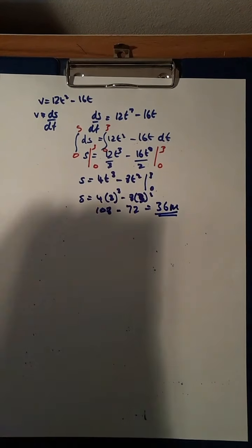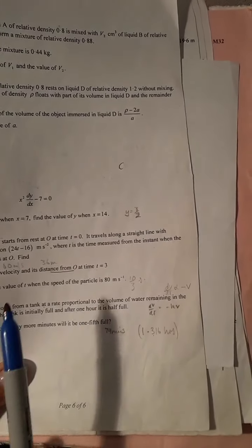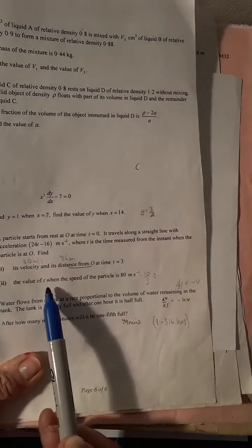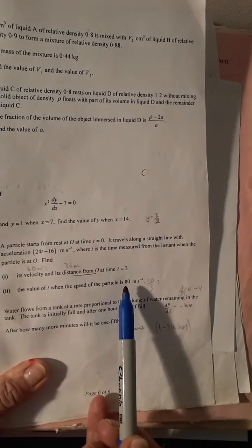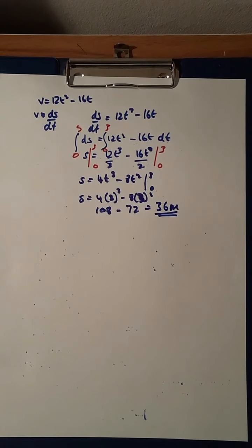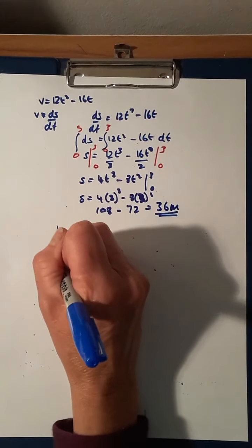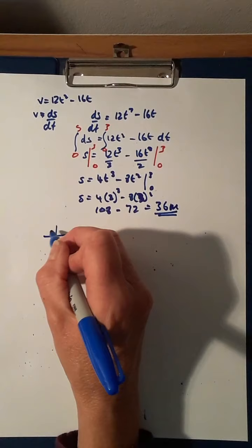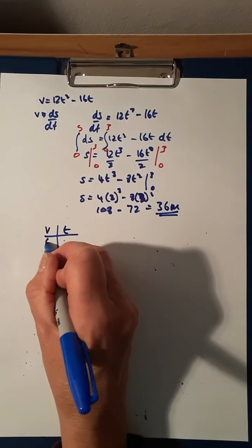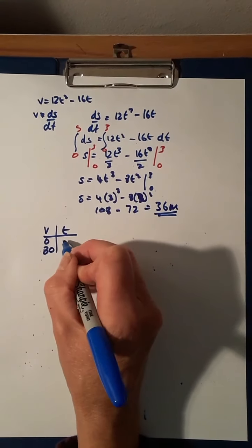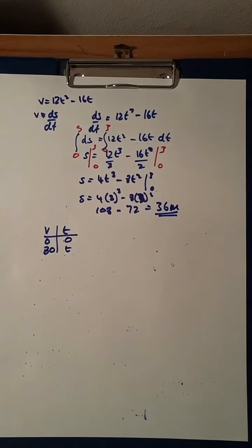And then the third part says, find the value of t when the speed of the particle is 80 meters per second. So all I'm doing here really is changing the limits. I want to find the value of t when v is 80. So it starts from rest, goes up to 80, and I want to find that corresponding t value.